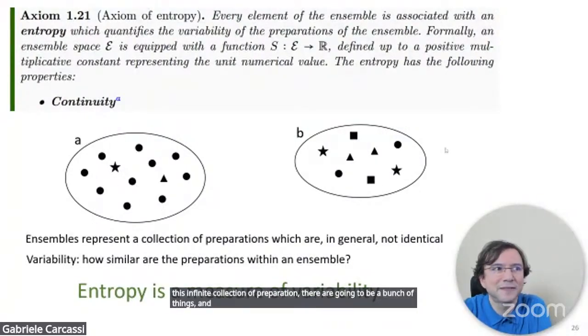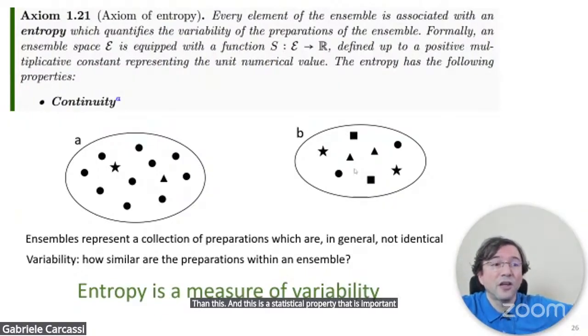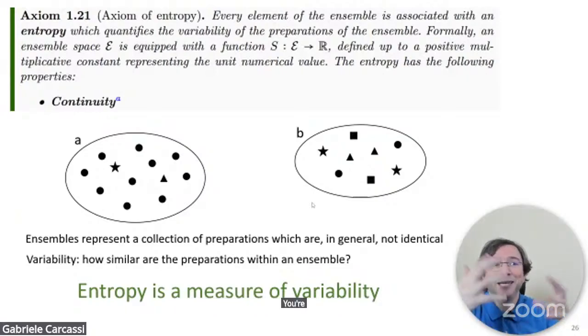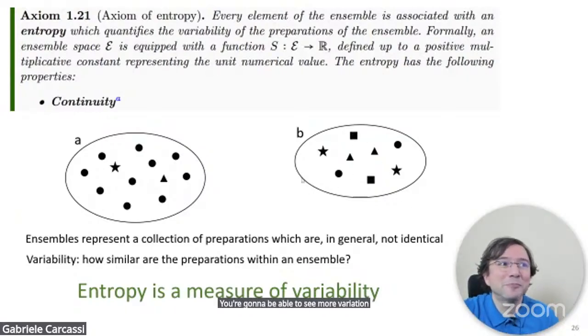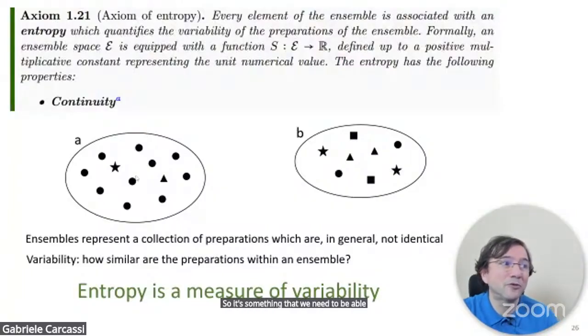And B is another preparation, with a bunch of things. You can see intuitively that this is less varied than this. This is a statistical property that is important because you're going to be able to see more variation in the outcomes here than here. So it's something that we need to be able to keep track of.